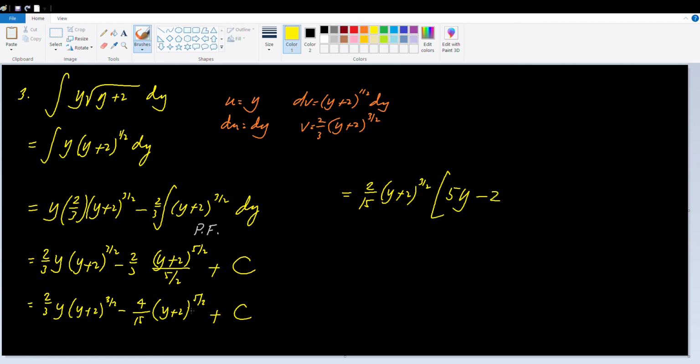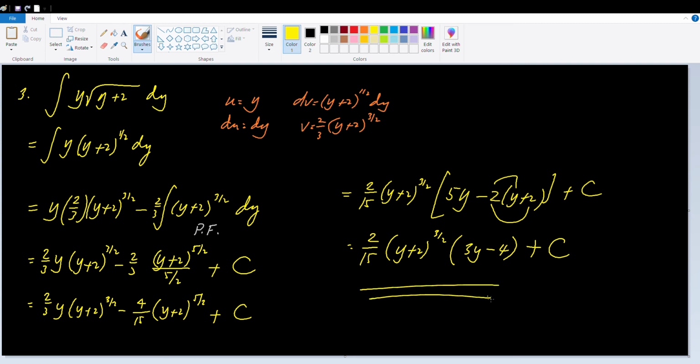And then we took away 3 halves from 5 halves, because we have factored y plus 2 to the 3 halves. So you'll be getting y plus 2, 5 halves minus 3 halves is 2 halves or 1 plus c. So 2 over 15, y plus 2 to the 3 halves, 5y minus 2y is 3y, negative 2 times 2 is negative 4 plus c. Okay?